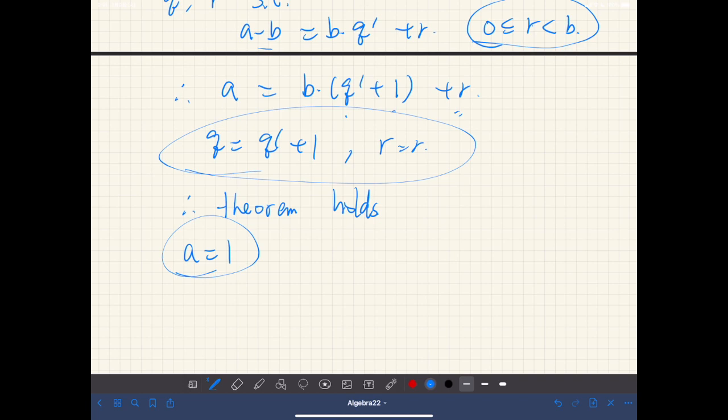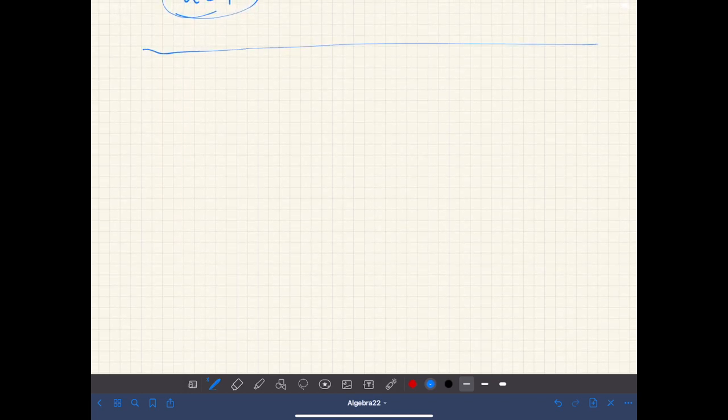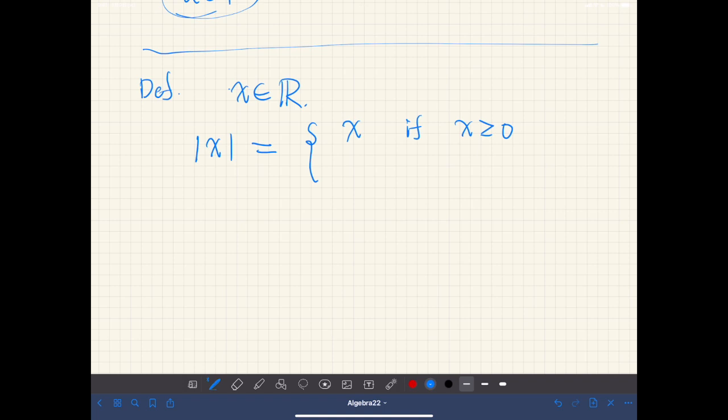Next, we want to extend this division theorem to include negative numbers. But before that, we need to define the absolute value or modulus. So here's the definition. For any real number x, so this may be an integer, we define the modulus of x or absolute value of x as this, which is equal to x if x is non-negative, and negative x otherwise, that is when x is negative.